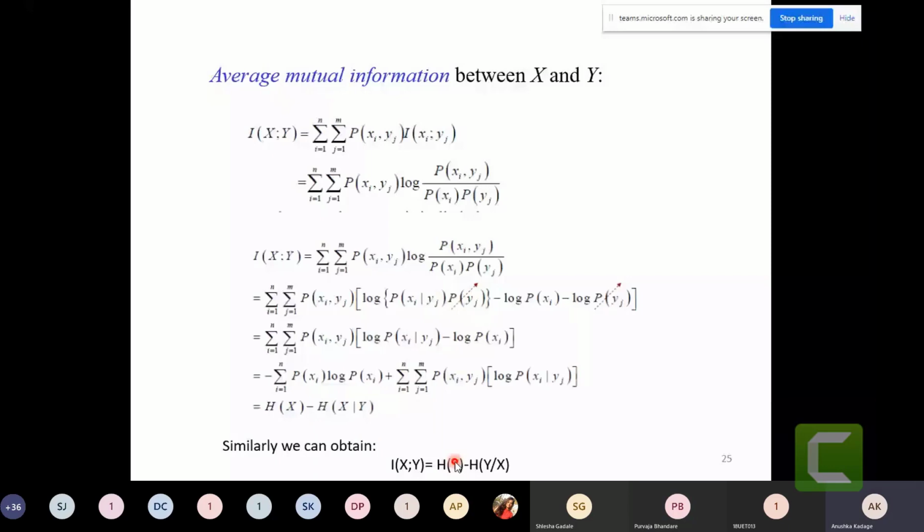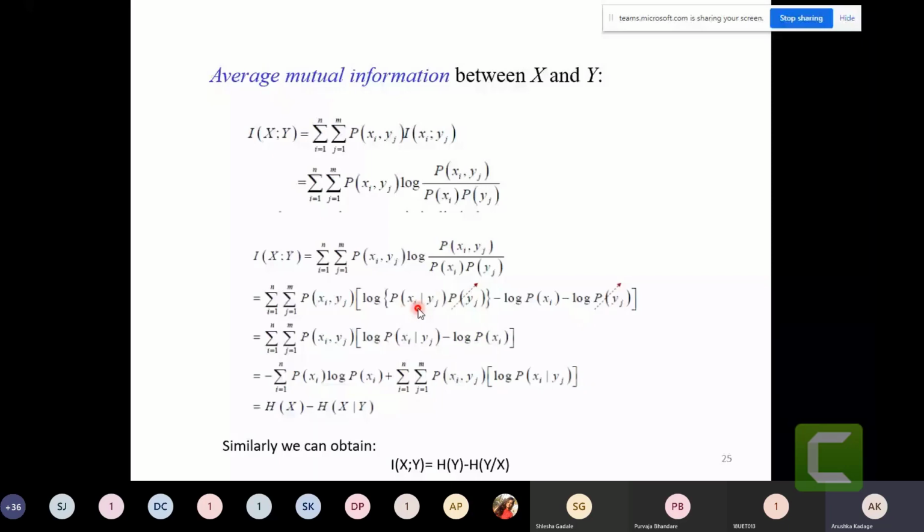Okay. So if suppose I have to go for this equation derivation, here in this bracket, instead of this p of xi by yj multiplied with p of yj, you have to put here p of yj divided by xi multiplied with p of xi.